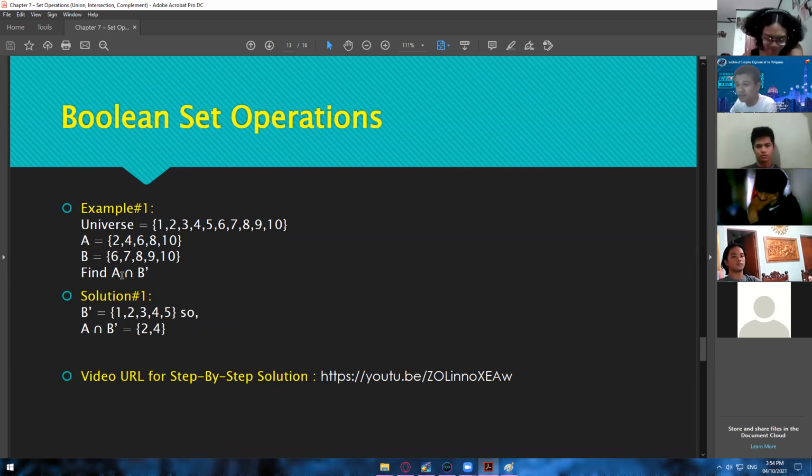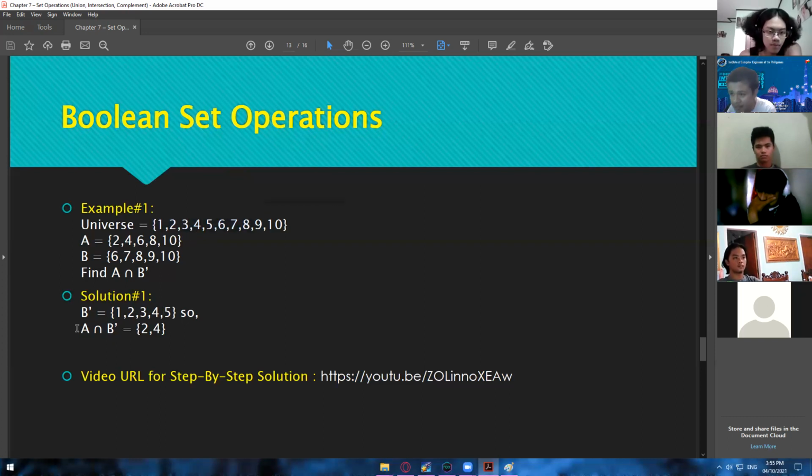All you need to do is list all the elements of set A and then find the B complement. The elements of B are already here. So all we need to do is find the elements of B complement, which are 1, 2, 3, 4, 5, because these are the elements that we cannot find in set B itself, but that we can find in the universal set.